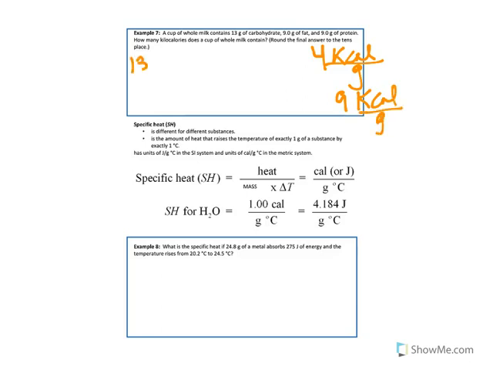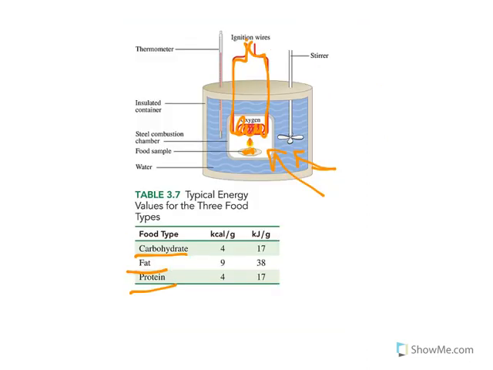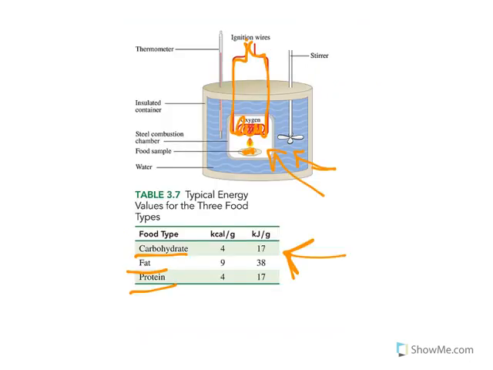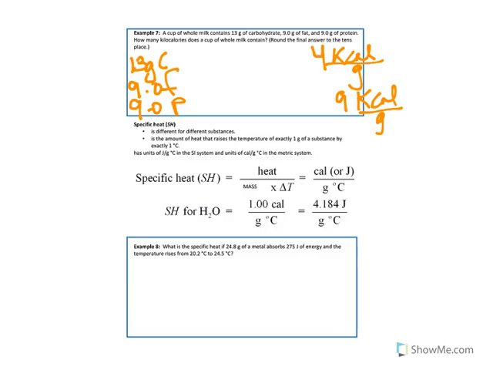So we have 13 grams of carbs, we have 9 grams of fat, and 9 grams of protein. We're going to abbreviate those C, F, and P. We can use the information given to us on the previous page here to create conversion factors, as I wrote them here. There are 4 kilocalories per gram of carbohydrates and protein, and 9 kilocalories per gram of fat.